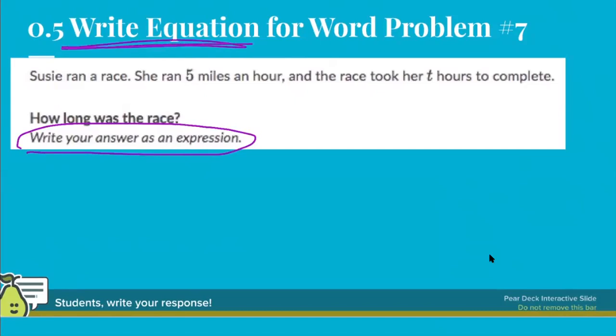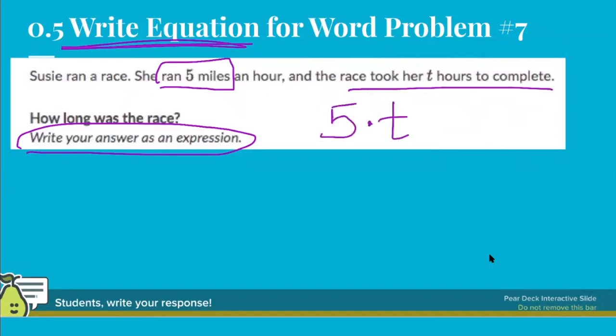This one says she ran 5 miles an hour, and the race took her t hours. That means how long is 5 times t, and that's what they look for. Or you can just put 5t. That is what they mean by write your answer as an expression.